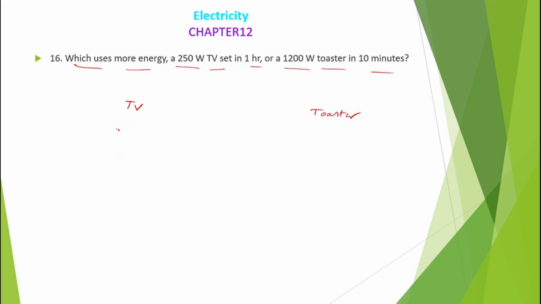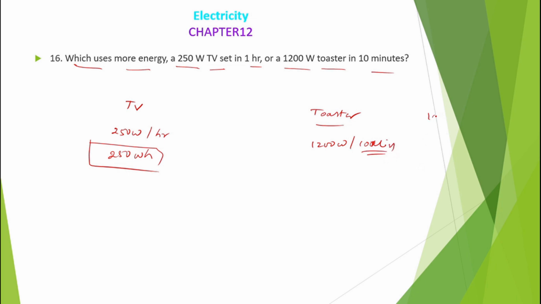TV consumes 250 watt per hour, that means 250 watt hour. So TV is consuming 250 watt hour. Toaster we will see. 1200 watt per 10 minutes he is telling. So this one we have to change to hour.